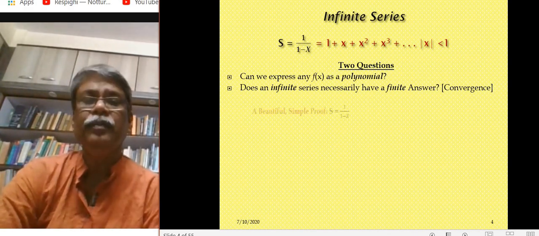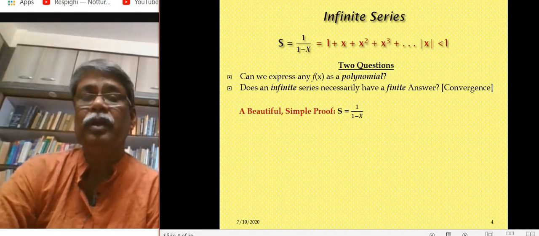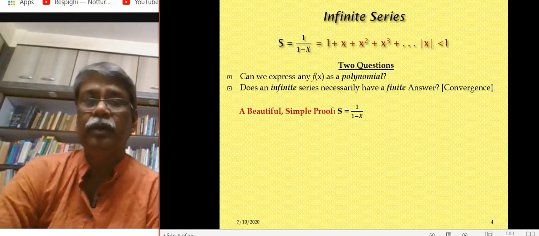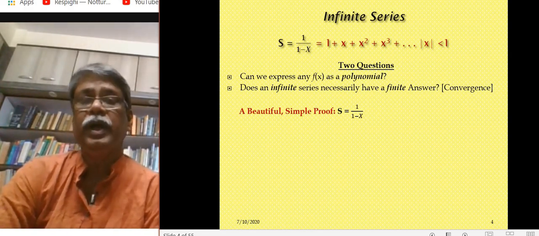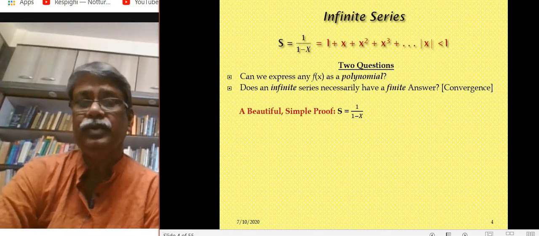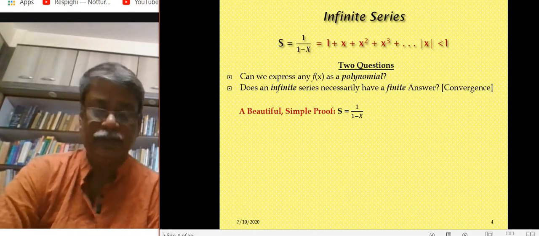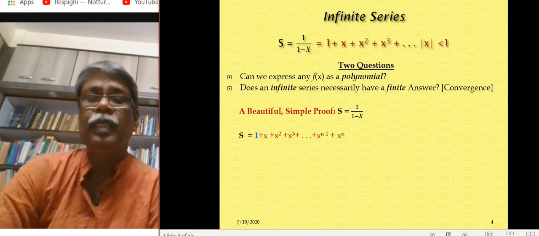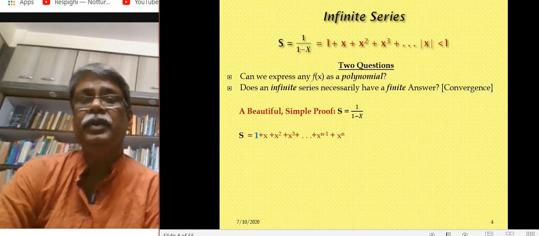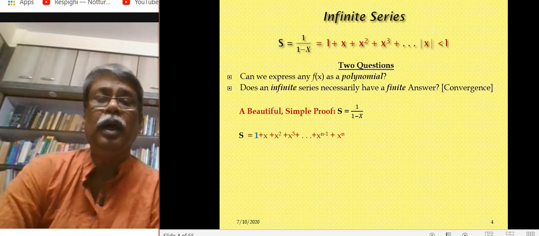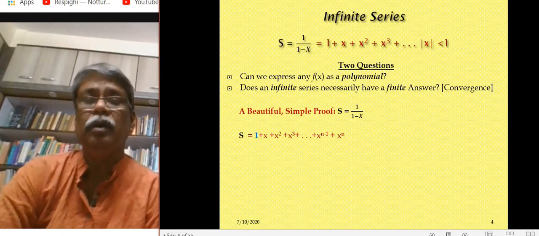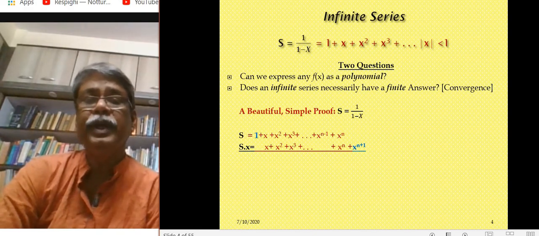For the time being, let us get a simple proof that yes, this kind of infinite expansion is really 1 by 1 minus x. So what is that proof? Let us start with the expansion s is equal to 1 plus x plus x square plus dot dot dot up to, say, the nth term. I am taking a finite number of terms, and then multiply both sides by x.